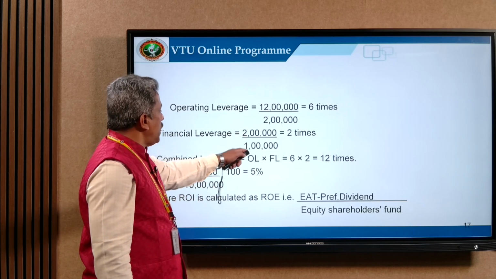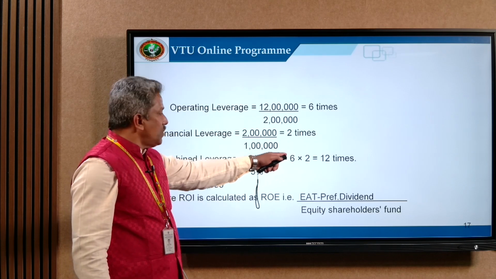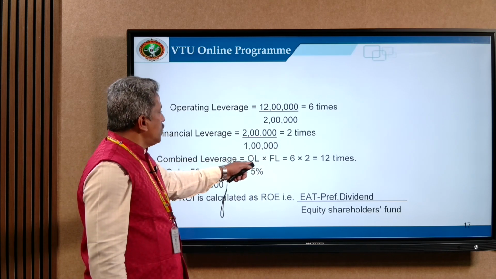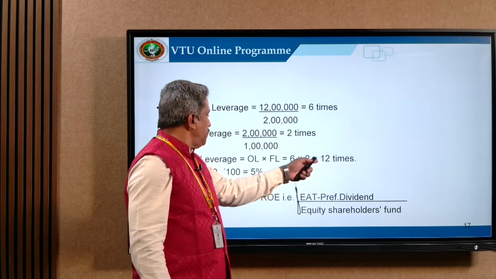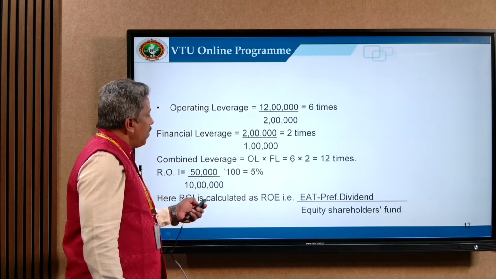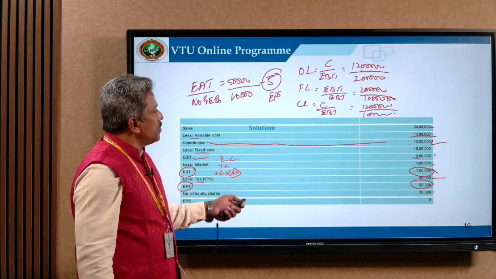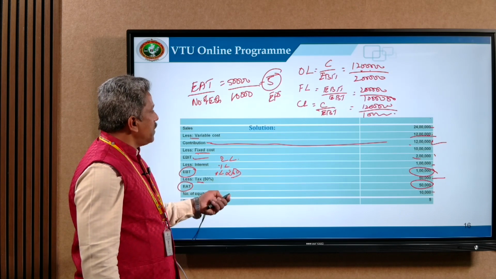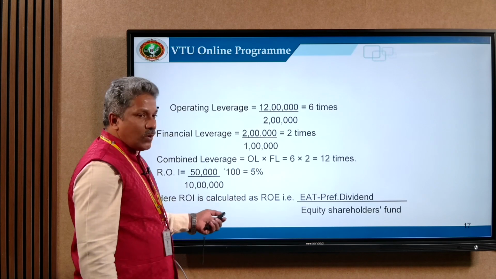EBIT is 2 lakhs divided by EBT is 1 lakh. So, financial leverage is 2 times. Combined leverage is equal to operating leverage into financial leverage, 6 into 2, 12 times, or combined leverage is equal to contribution divided by EBT. So, we get 12 times.